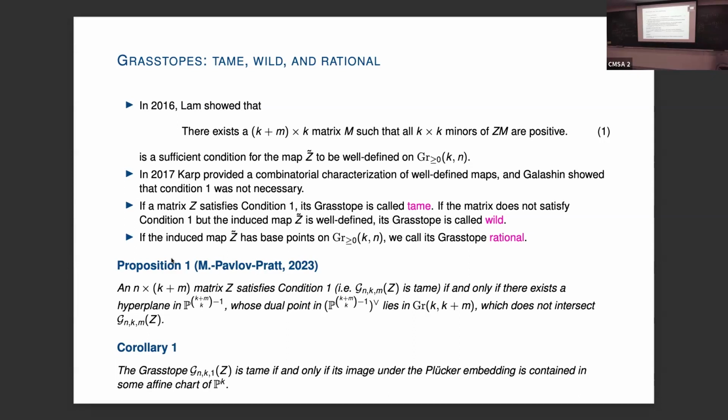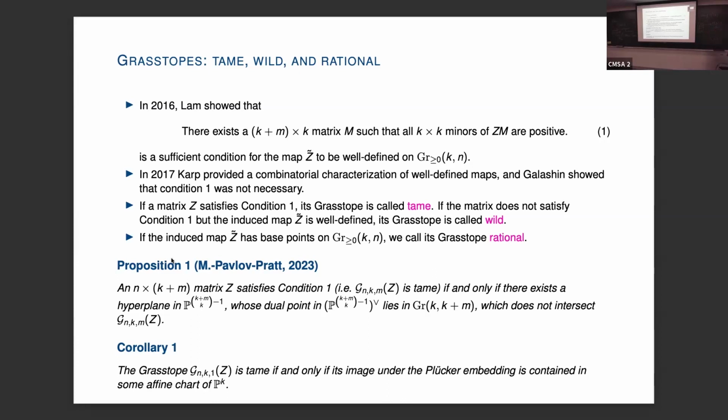And when m equals 1, this condition here is irrelevant. And when m equals 1, we're saying that the Grasstope is tame if and only if there exists a hyperplane in PK which does not intersect the Grasstope.